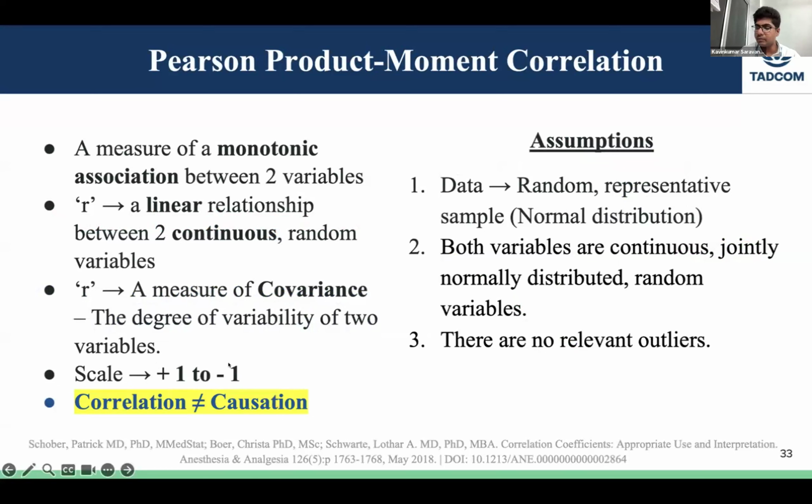And always remember, any correlation finding is not equal to causation. If age and urea levels are correlated, it doesn't mean that increased age is the only cause for the increase in the urea levels. That is the thing we need to remember whenever we interpret the findings.